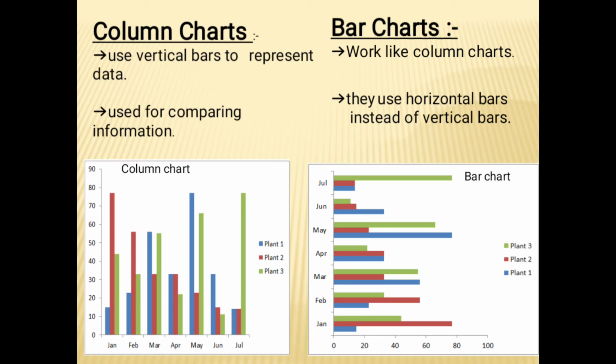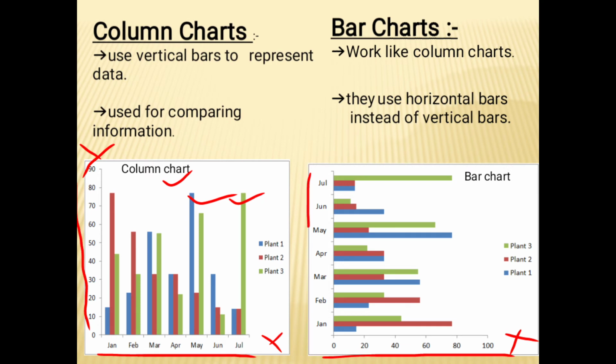That is, for a column chart you place categories on the x-axis and values on the y-axis, and you get vertical bars to represent data. Next, in a bar chart you place values on the x-axis and categories on the y-axis.